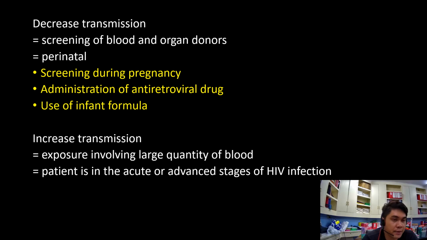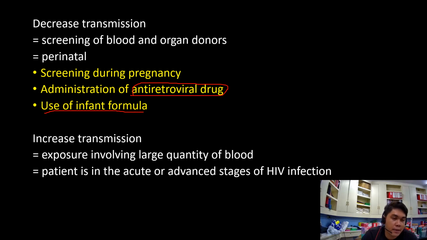If they have HIV infection, they need to take an antiretroviral drug. The purpose of the antiretroviral drug is to lower the viral load, in order to decrease the probability of transmitting HIV from the mother to the child or fetus. Next is the use of infant formula, the purpose of which is to avoid the transmission of HIV via breastfeeding.